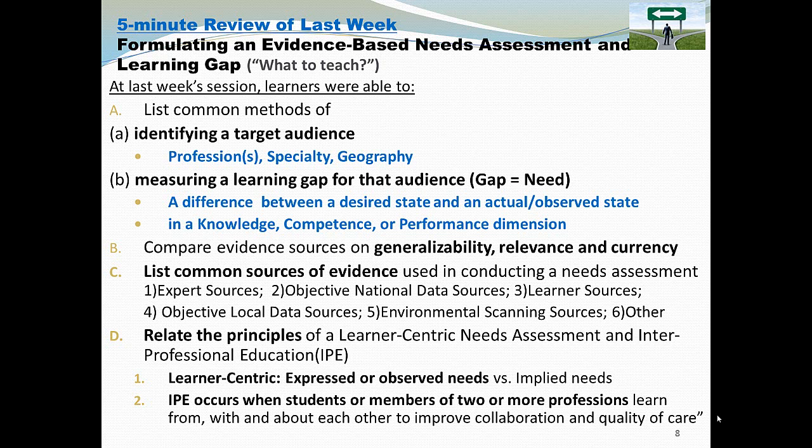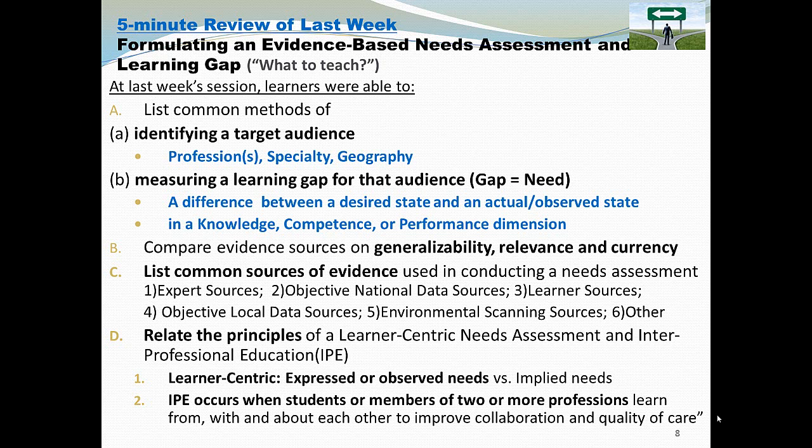We related the principles of learner-centric needs assessment and interprofessionalism. Learner-centric means the needs expressed by your learners as opposed to, as Jack said earlier, by your faculty, your administration, or some other stakeholder. A learner will often have an expressed need or an observed need. They may also have implied needs.